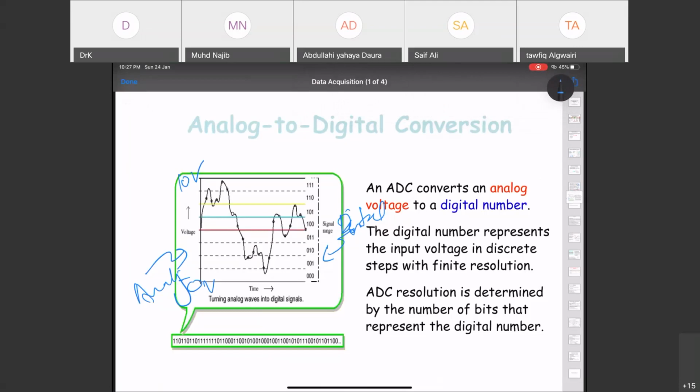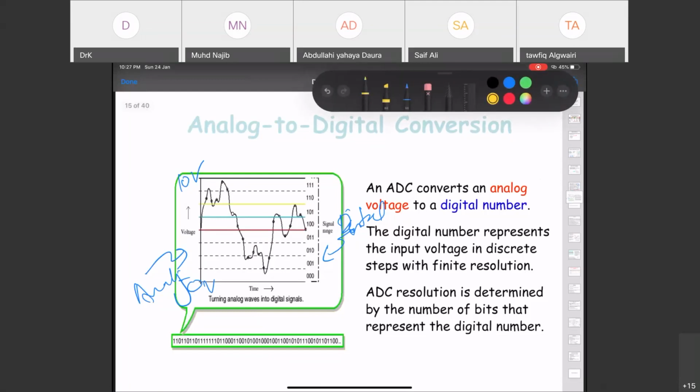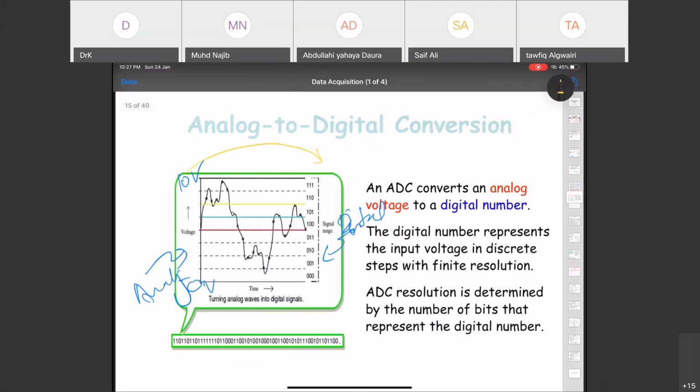What happened is that this is analog, and you want to convert it into digital. What will happen depends on your sampling rate, which represents how frequently you sample the signal. And one more thing you have to know when you work with an ADC is the resolution.